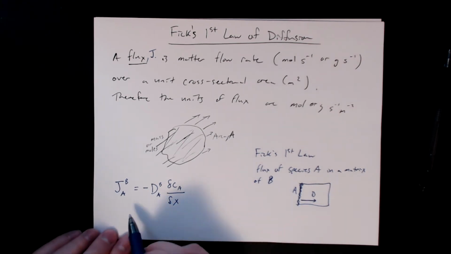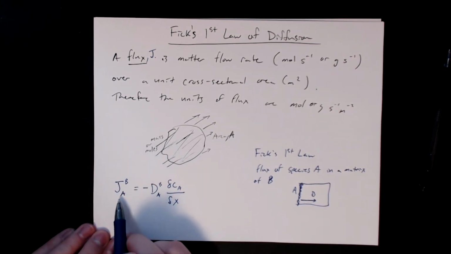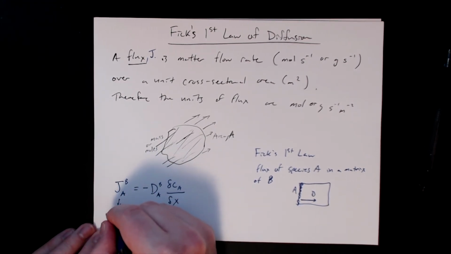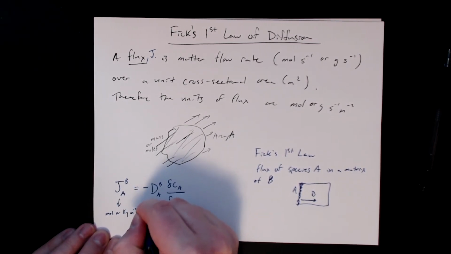Okay, so let's just go through all these terms. So again, we talked about this. This is the flux of the species A in the matrix B. The units here, again, are moles or mass. So I'll do kilograms this time, per meter squared per second.